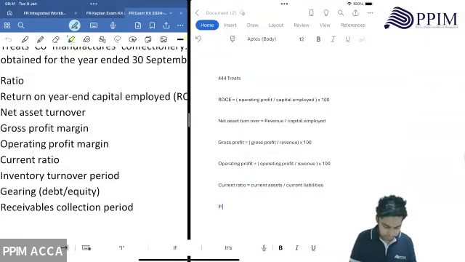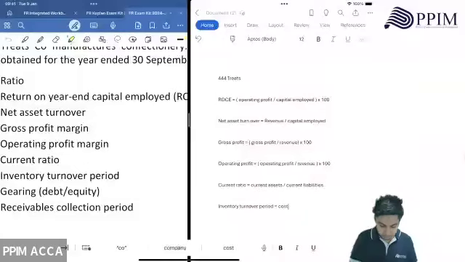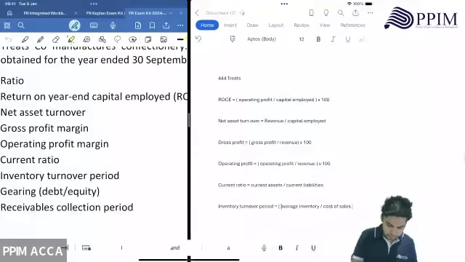What's the next one? Inventory turnover period. Normally what's the equation? Cost of sales, no, my bad, it has to be average inventory divided by cost of sales into 365.